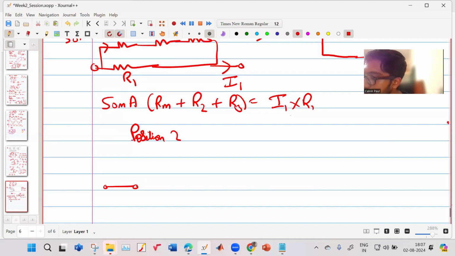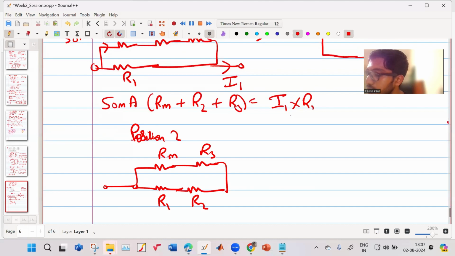There is this Rm, R3 also comes, and this will become R1 and R2. So this is for position 2. There is this current of 50 milliampere flowing for sure over here, and we want to know what this current I2 is. This we don't know.